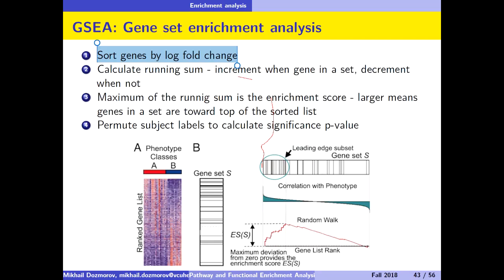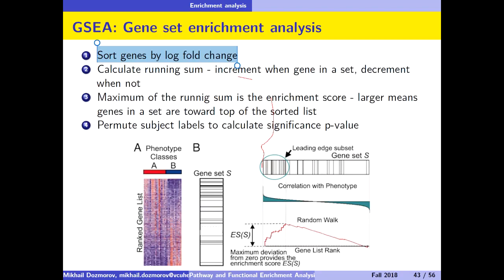How many genes, if you walk down the list, are in the hypoxia pathway? Intuitively, if you have genes that are highly differentially expressed and in the hypoxia pathway, they will all be concentrated on top of your ranked gene list.